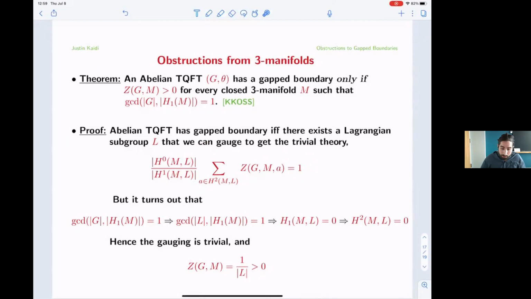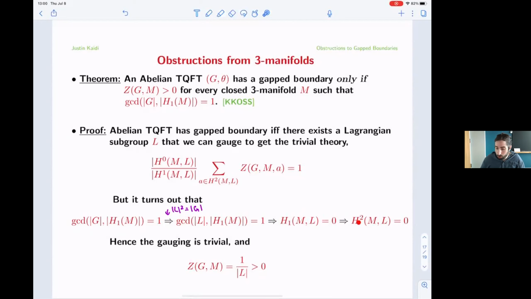But remember that we're working on manifolds where this GCD condition is satisfied. This GCD condition, it turns out, implies this GCD condition here, where I replace G with L. This is simply because, remember, L squared was G by definition. So this is obvious. And it's also a simple step to show that this implies that the first homology group of M with L coefficients is trivial. And then the Poincaré dual statement is also true.